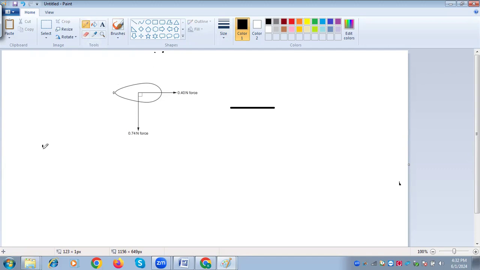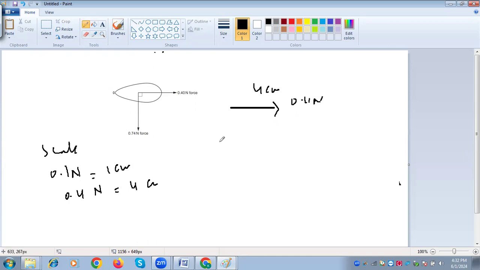So what will be the scale? 0.1 Newton is equal to 1 centimeter, means 0.4 Newton equals 4 centimeter. So this line has to be 4 centimeter long, that is 0.4 Newton. And this one will be 7.4 centimeter long.